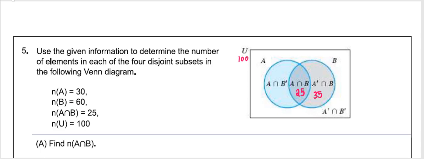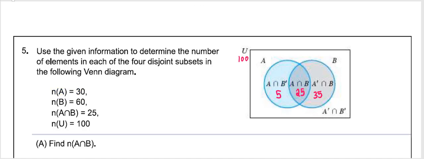All right, now I'm going to use that the number of elements in A is 30. So here's set A. I have to have a total of 30 in that set. I already have 25, so there would be 5 more in A and not B.